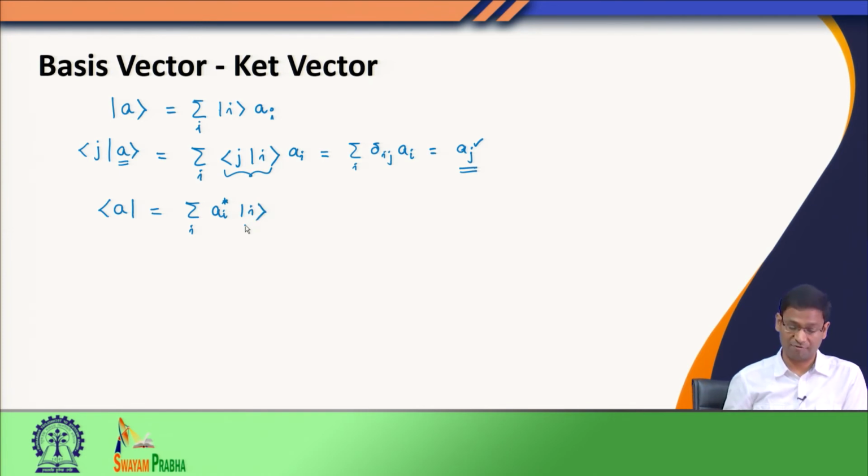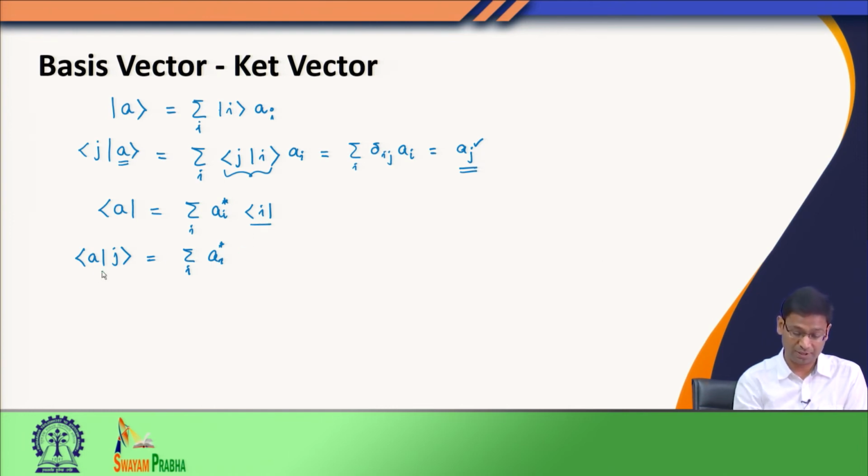So, this is how we had defined the bra. Now, instead of multiplying by |j> on the left hand side, we will multiply by <j| from the right hand side on both left and right side. So, when I do this, you would see <i| defined as the bra part of |i>.